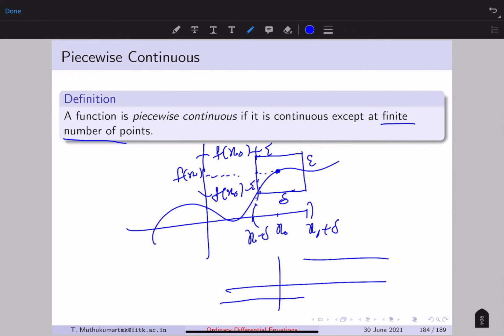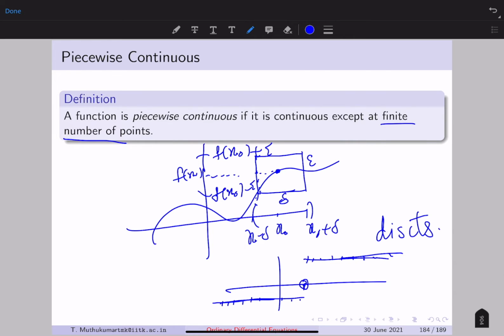This is a discontinuous function, because up to this point it takes the value here, and beyond this point it takes the value here. But it is continuous except at finitely many points. If you ignore this point, it's continuous everywhere. So this is piecewise continuous.